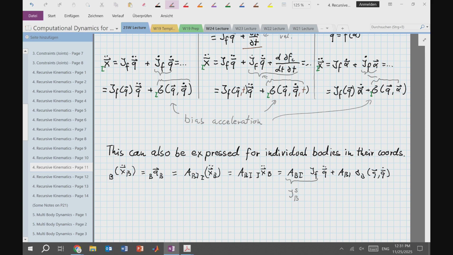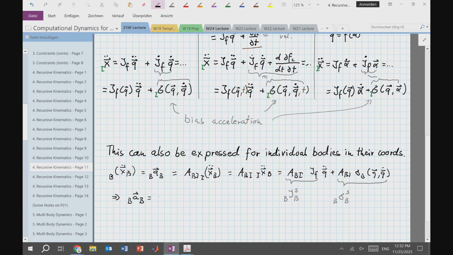And I will state that that Jacobian is expressed in B coordinates. And back here, I will also say that this bias acceleration is expressed in B coordinates, and we'll call it S. So the same structure should now hold for motions of our body.